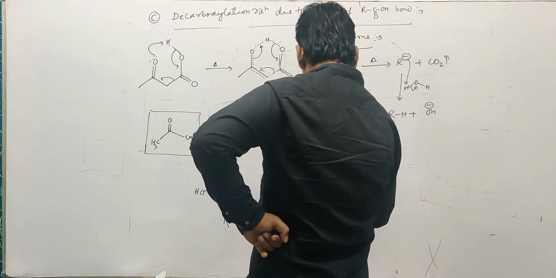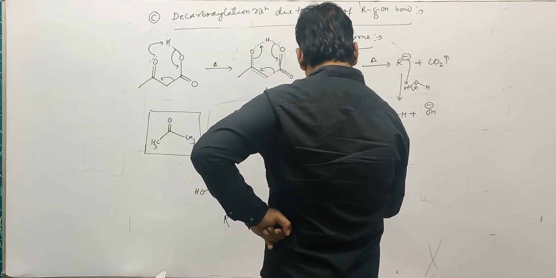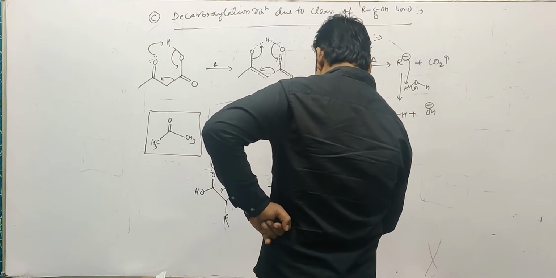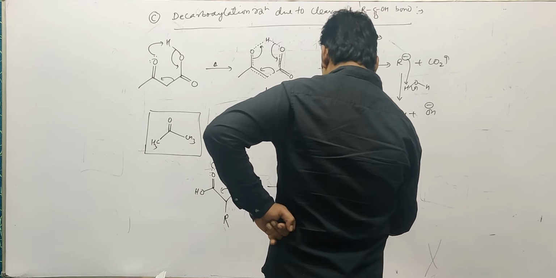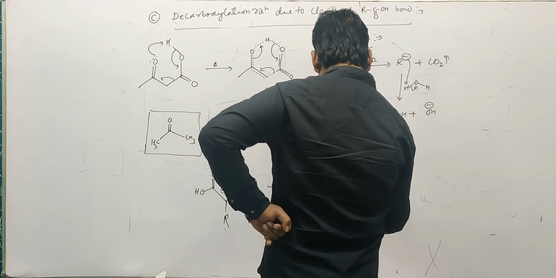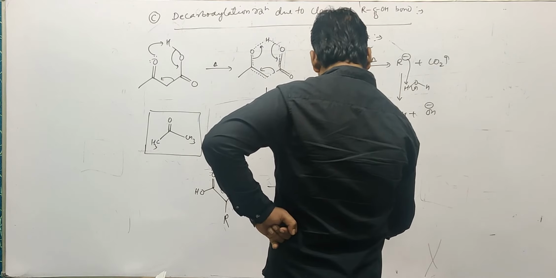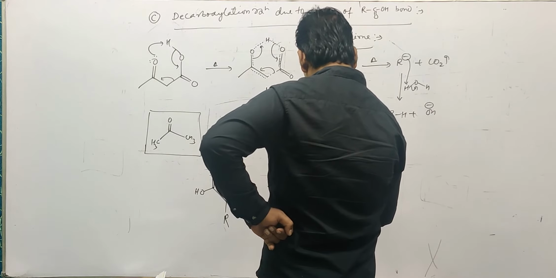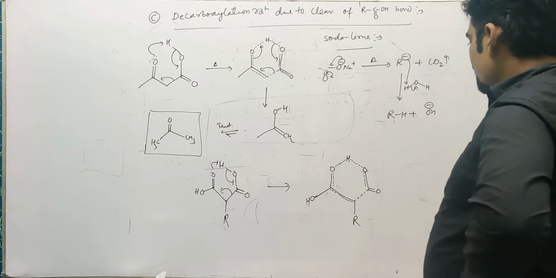The structure will become O attached with hydrogen, attached with oxygen. This is attached with this carbon R, and this carbon has double bond O. There is double bond character over here, and the double bond character is broken over here. This will be the nature of the transition state.